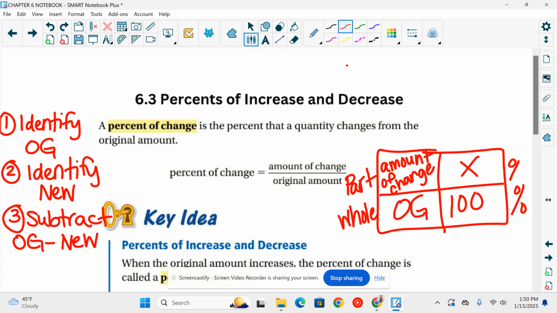Now, can distance be negative? Can you ever have a negative distance? No. Distance is always going to be positive. Always.